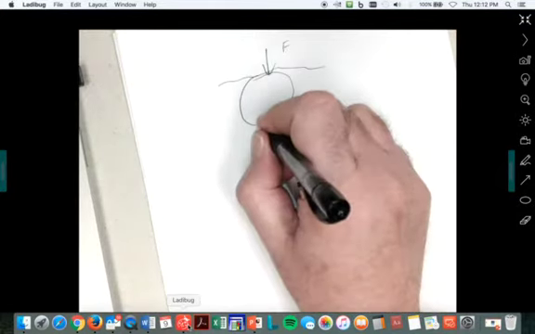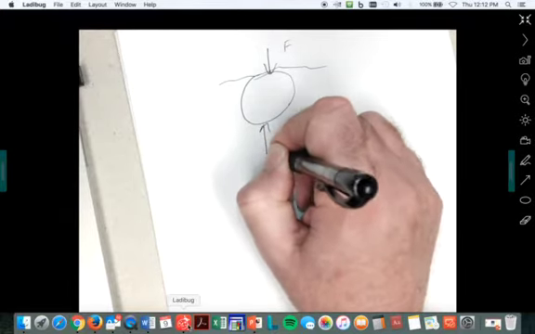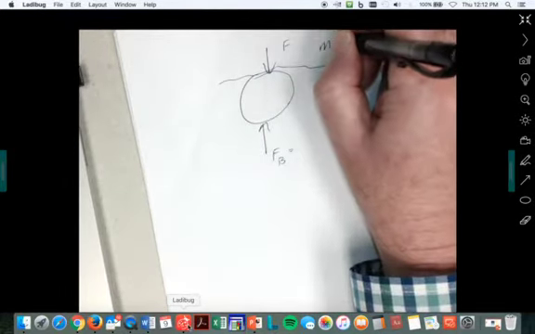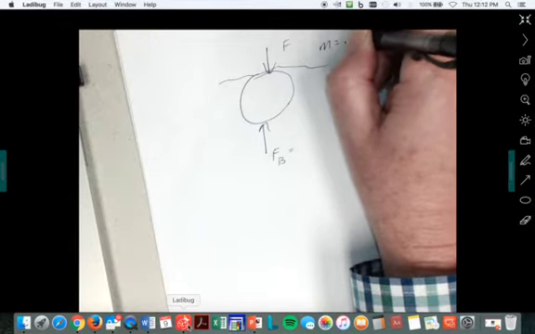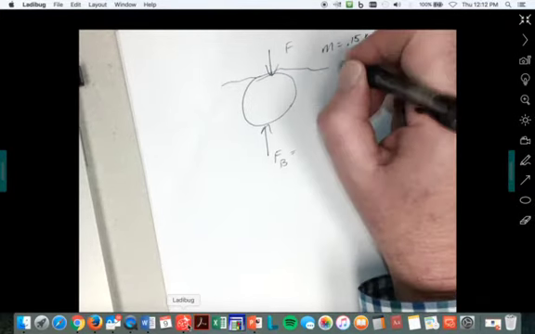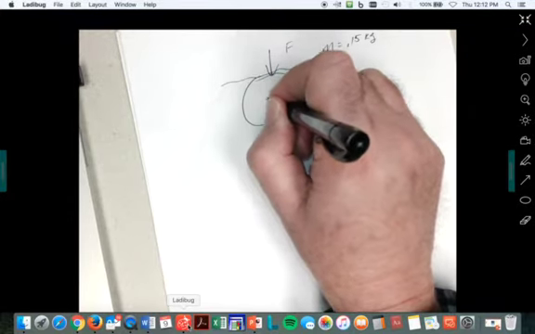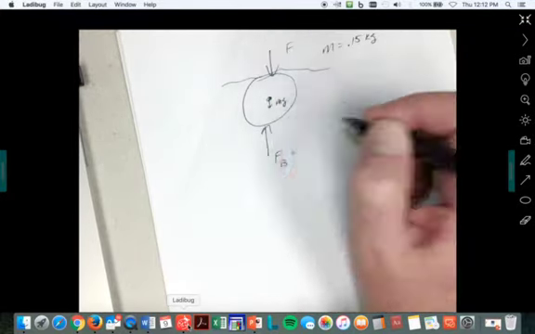Here's what's going on. You've got a buoyant force pushing up on it, and the beach ball has a mass of 0.15 kilograms, so it's got an mg pushing down, which is really small compared to this buoyant force.